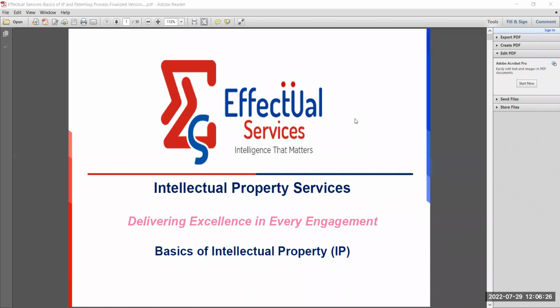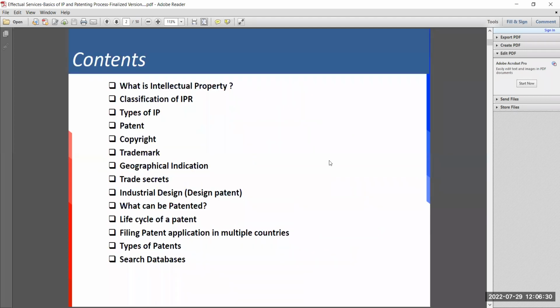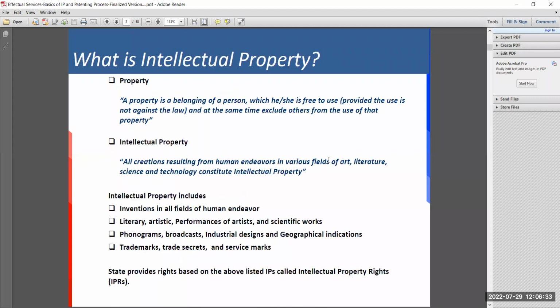Okay. So if we talk about IP, I really want it to be an interactive session. I think most of you are aware of that. What is IP?